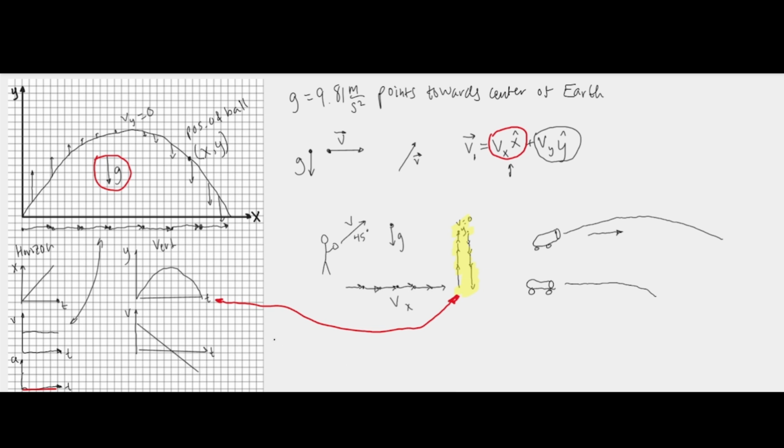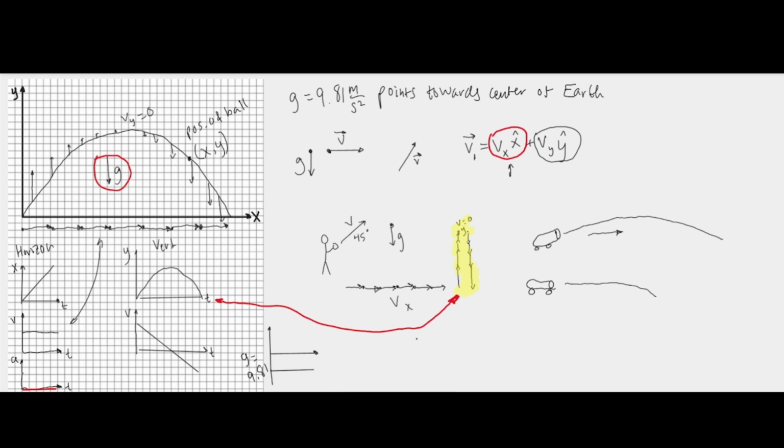So the acceleration then is going to be the acceleration that we've learned about now. It's just g, and it's actually going to be a negative number. So g down here is 9.81. This is g, and g is going to be a flat line.